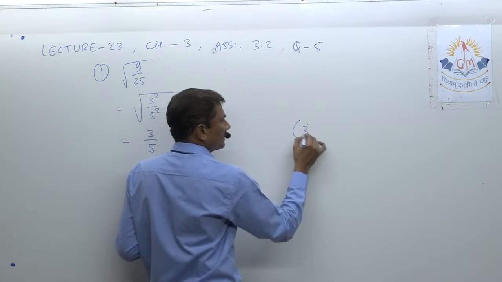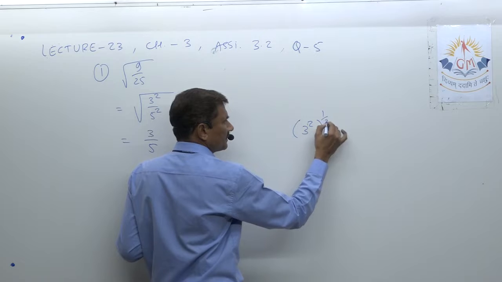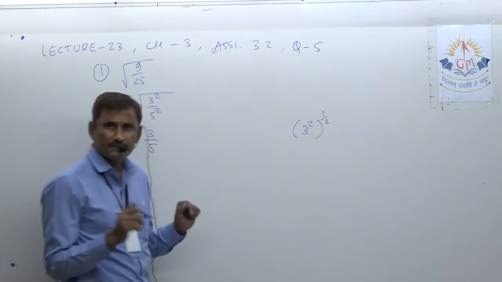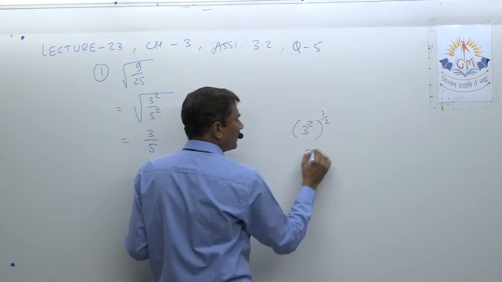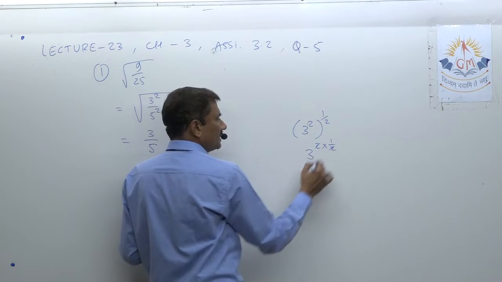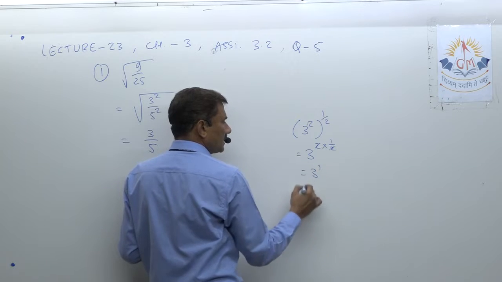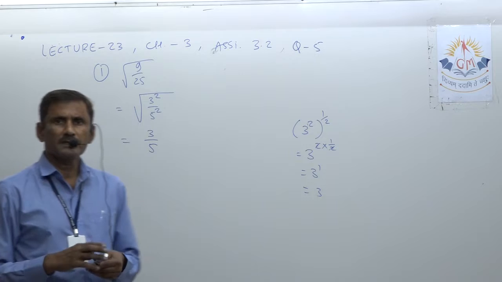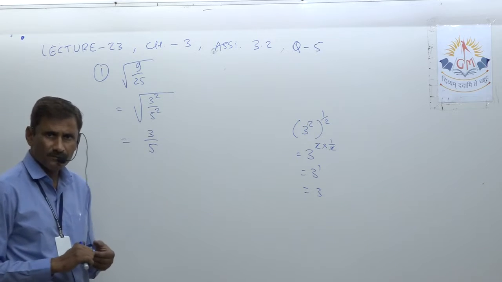Square root means raised to 1 by 2. So if you open the bracket, powers multiply, so 3 raised to 1 is there, meaning 3. Otherwise you can just remember that a square's square root will be itself.